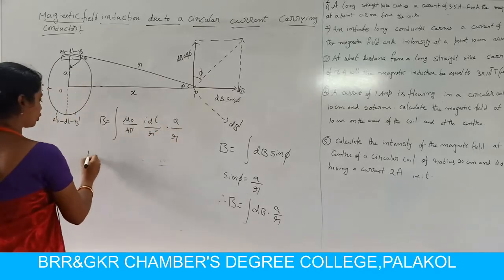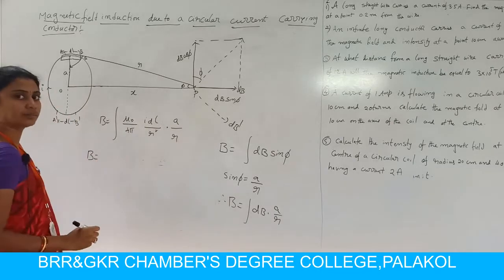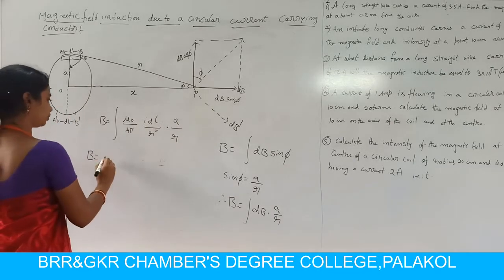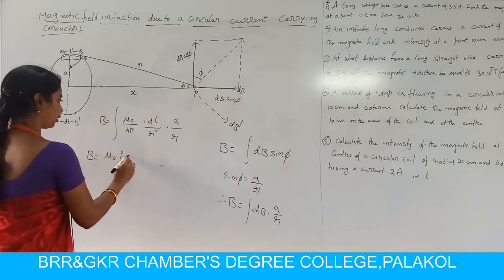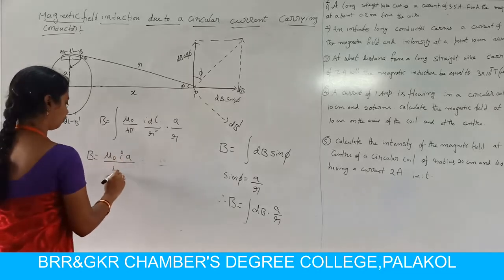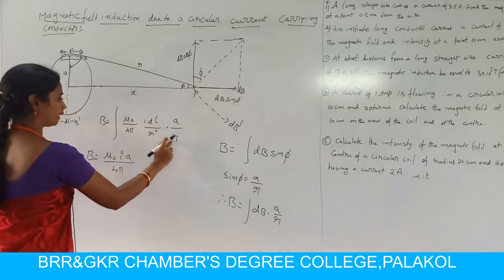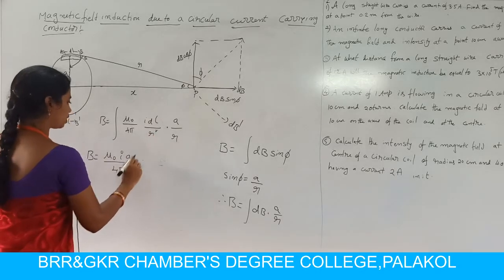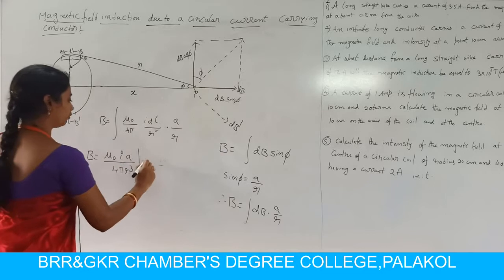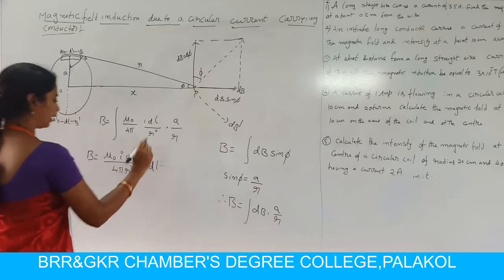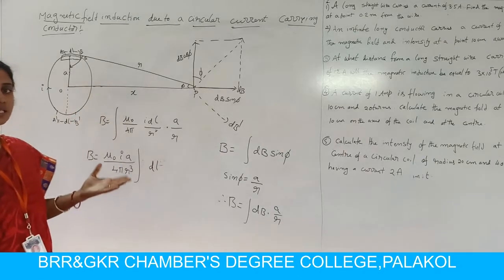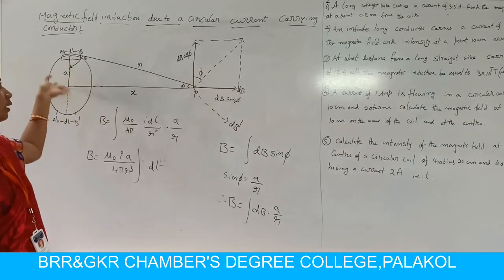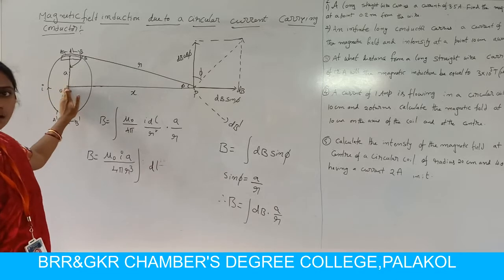The constants can be taken out before the integration. Therefore the expression becomes B equal to mu naught I A by 4 pi, r square into r, that is r cube, and then we have integral dl only. Here integral dl means the circumference of this circle. Here we consider the conductor as a circular loop.